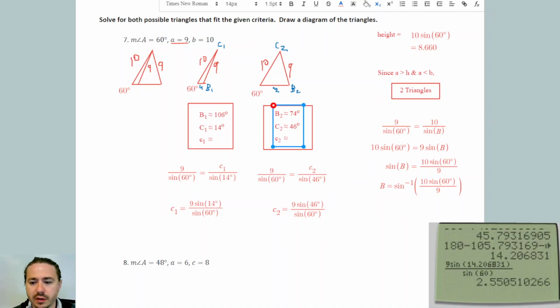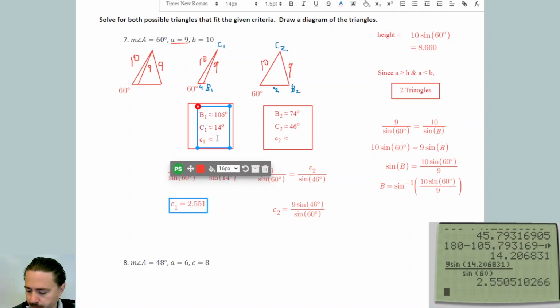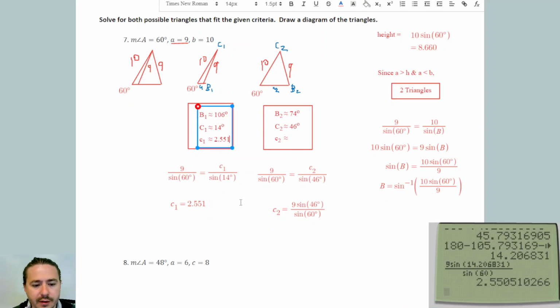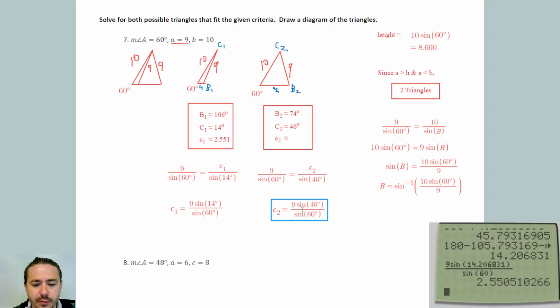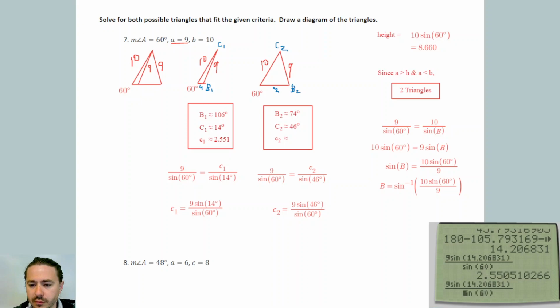So you get approximately 2.551, I guess is what we'll say here. And then to get C2, we're going to type in essentially the same thing again, except instead of this 14 angle measure, we've got the 46.